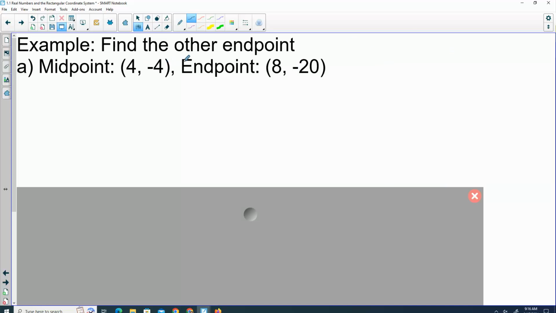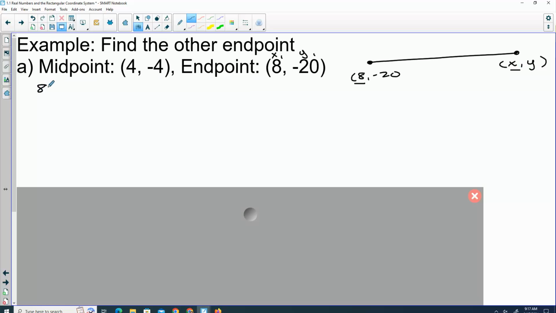If we think of it in the algebra sense, here's my endpoint, my x1, y1. I don't know my second endpoint, right? So I'm trying to find this point. But I have the middle. So if you think about your midpoint formula, to find the middle, you add up your x's.